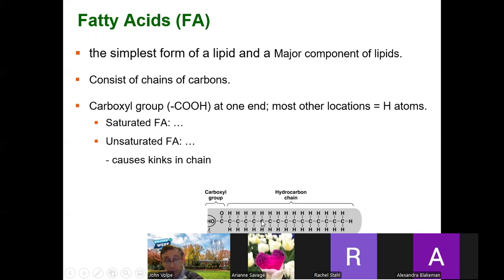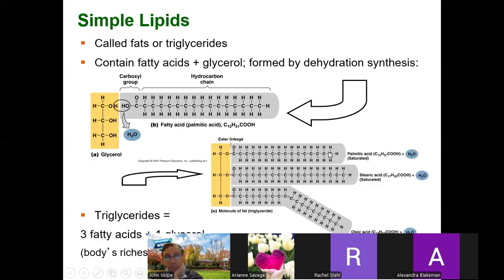Wherever there's a double carbon bond, we have a kink at that location where the molecule will be bent right here. And I'll show you that right here. So this is a simple fatty acid right there, that one too. And these are saturated fatty acids because they're simply single carbon bonds holding the carbons together in the fatty acid.